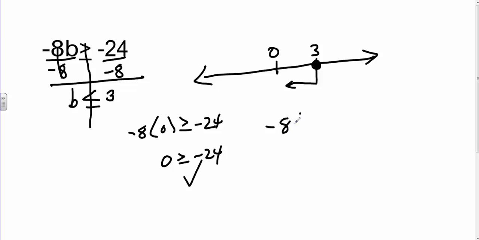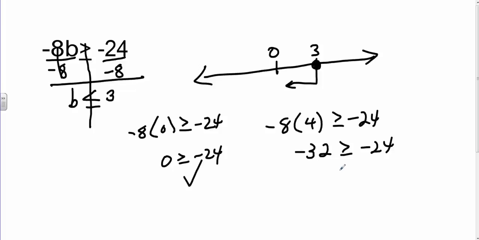Negative 8 times 4 is greater than or equal to negative 24. Negative 32 is greater than or equal to negative 24, and that is not true. Negative 32 is less than negative 24. So that's why we have to switch the direction of the sign, is because the solution is on the other side. See, so we've got to make sure that we are taking that into account.